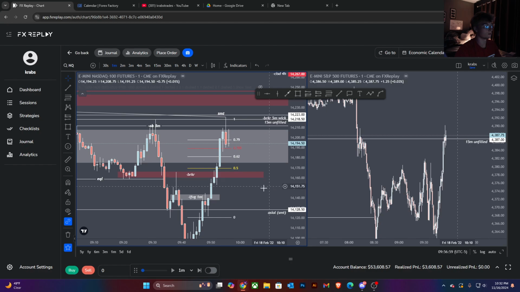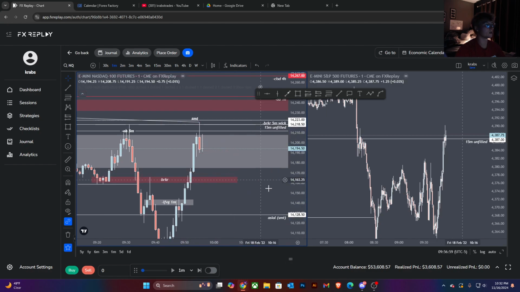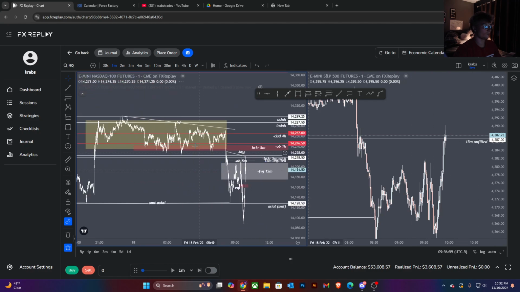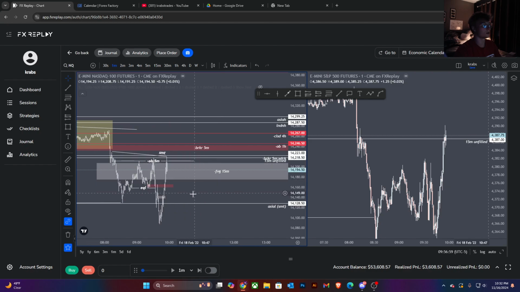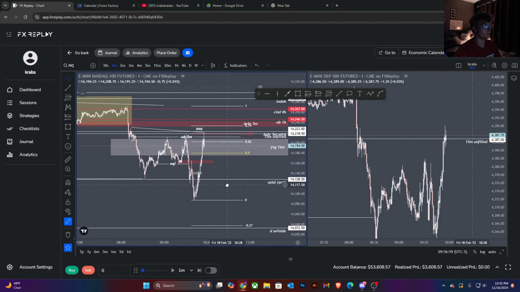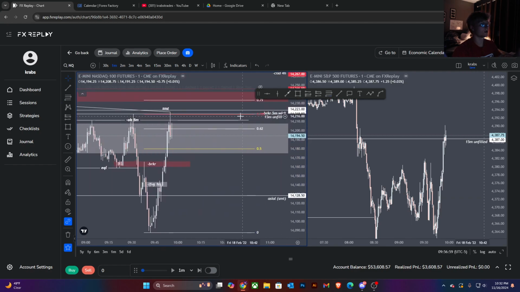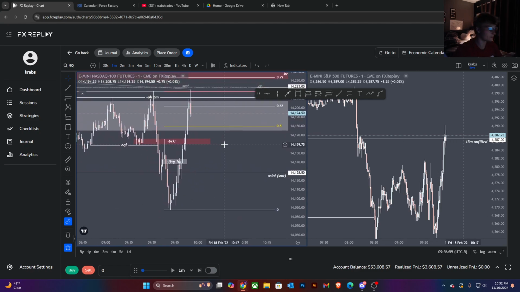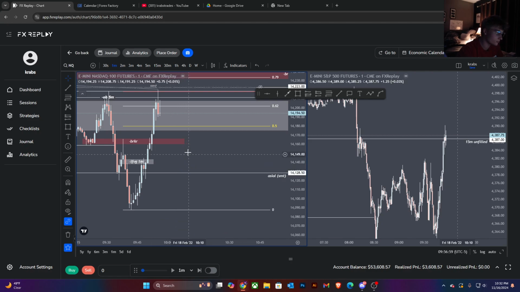Our shorts look good. Now we're back up in premium. Damn, this LRL is kind of bugging me out. Perfect rejection off of OTE here. SMT at OTE in a premium.